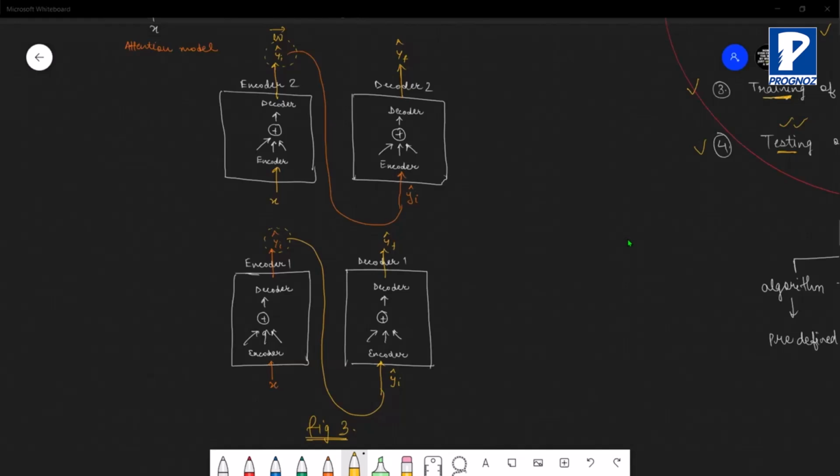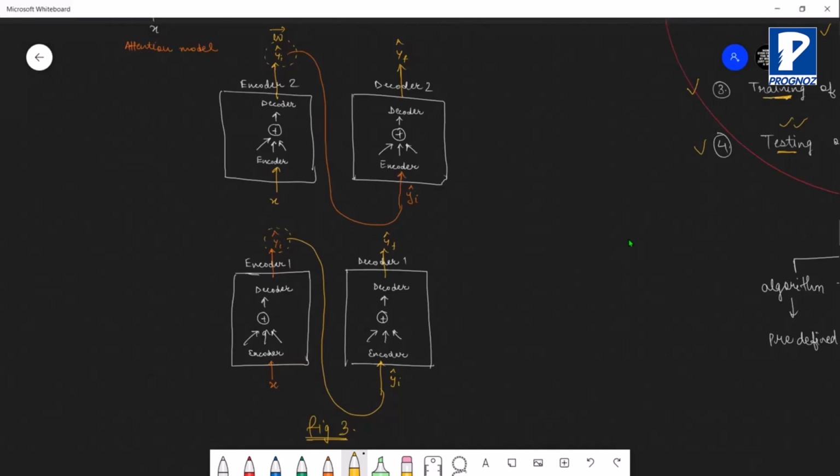Or you can simply say that the output of decoder of encoder one, because output transfer hota hai na. So output of decoder of encoder one acts as input of encoder of decoder one. Same way here also, in this figure also, the output of decoder of encoder 2 becomes the input of encoder of decoder 2.